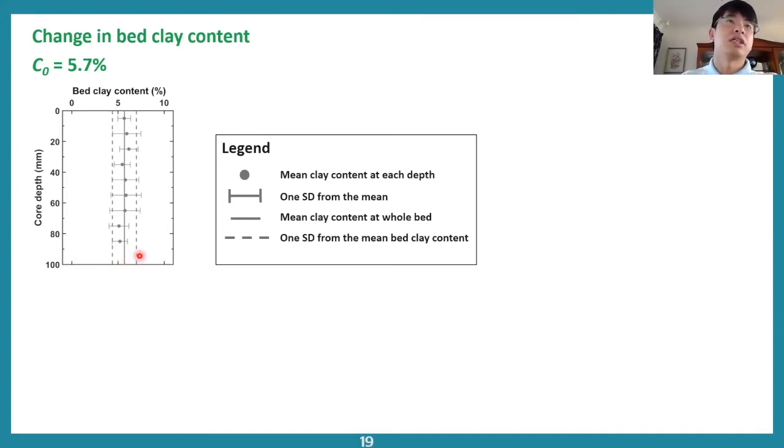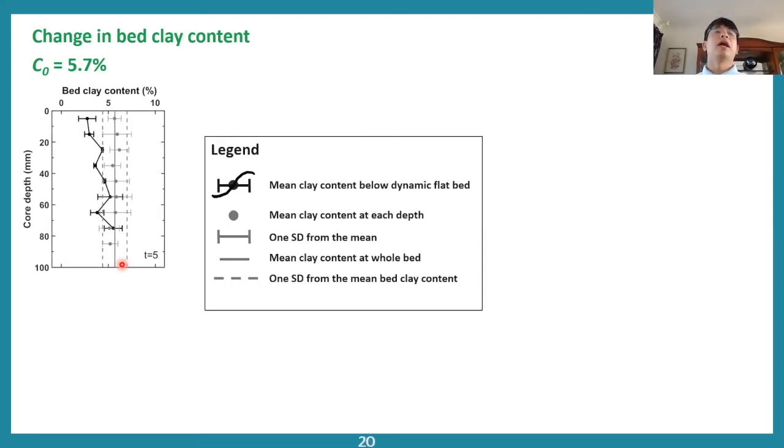So the sediment cores demonstrate quite consistent clay content from the top bed to the bottom bed before the experiment starts. At 5 minutes, most of the bed still keeps flat, and the black dot shows the clay content below the dynamic flat bed.